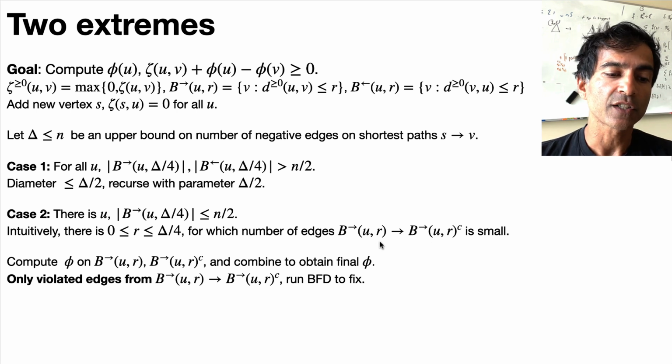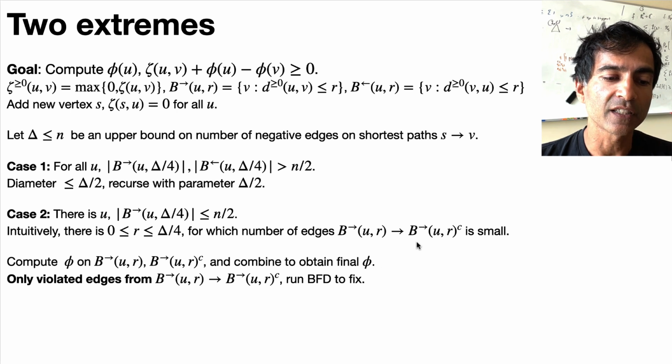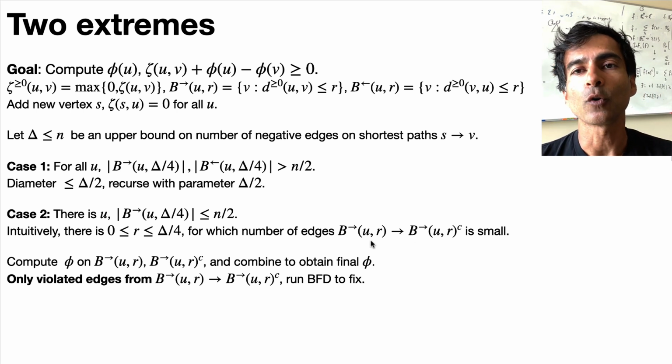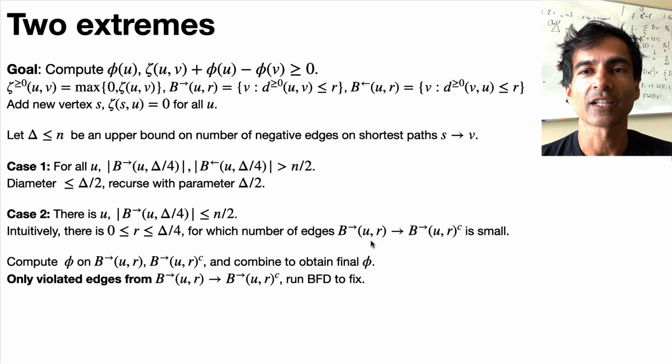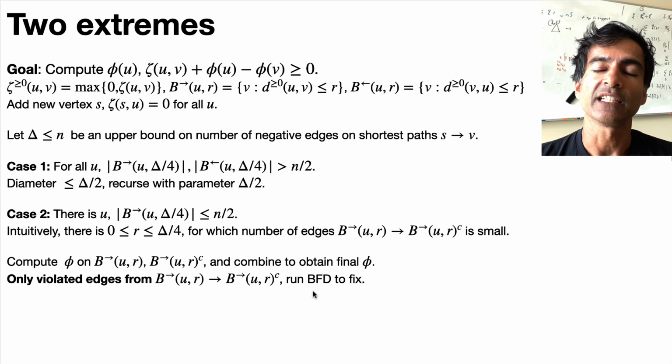Under this potential function, the edges going from inside the ball to outside the ball are the only ones that can have negative values. Okay. So we can run the BFD algorithm to try and address those edges.